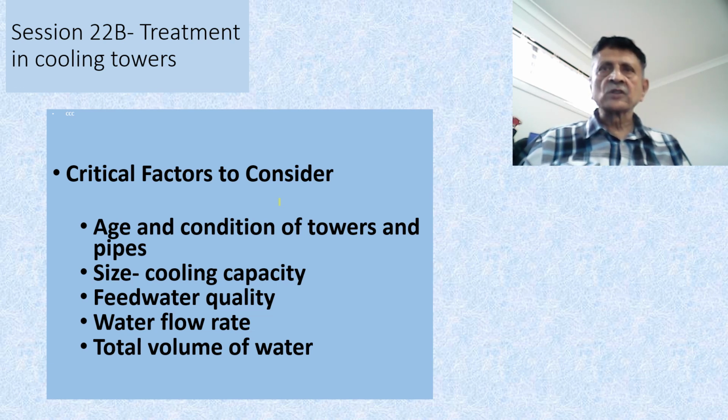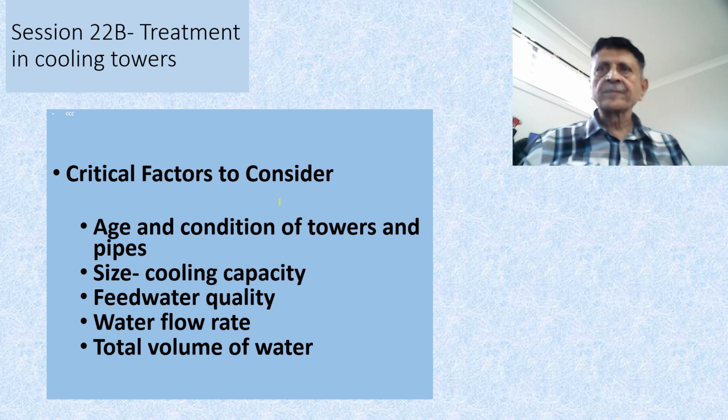Next will be the feed water quality. Obviously, the feed water going to the cooling tower is also very important, that it should not be corrosive to the metals. It should not be very hard so as to deposit scaling, etc. It should not have suspended solids which can cause erosion, corrosion in all the pipes.